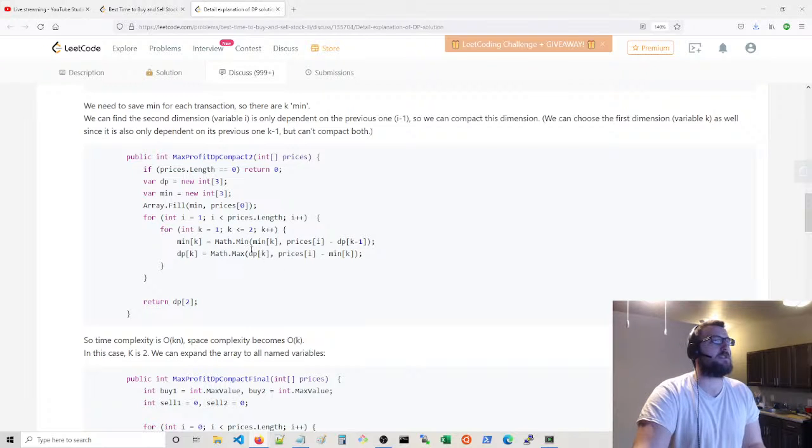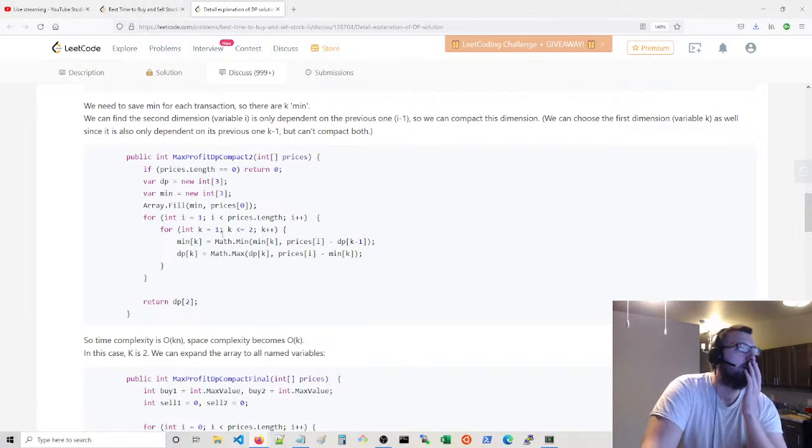When you take a look at dp of 2 at the next iteration, the price could change too, but the min didn't change. Price changed. dp of 2, that minimum could potentially change because you're taking the current price minus that now updated value, which is the difference.